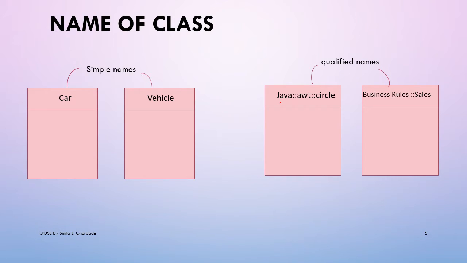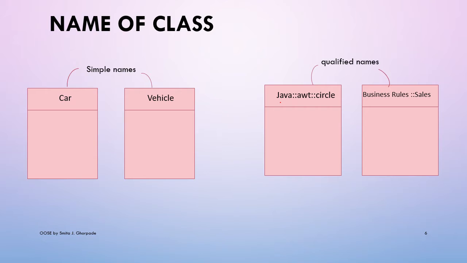Then the class name can be shown along with qualified names. Qualified names means here Circle is one of the classes and it is present in a certain component or package, that is java.awt. So this is a path.